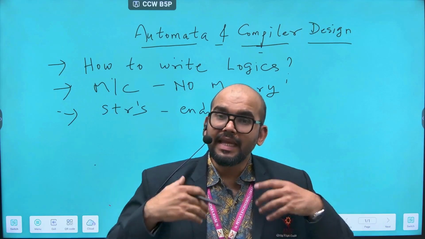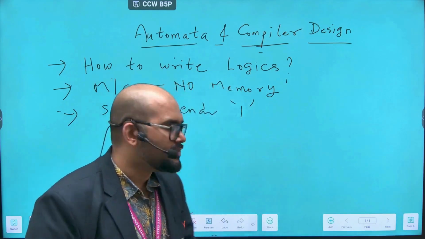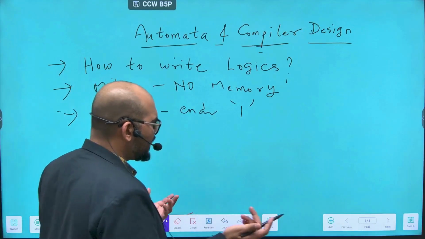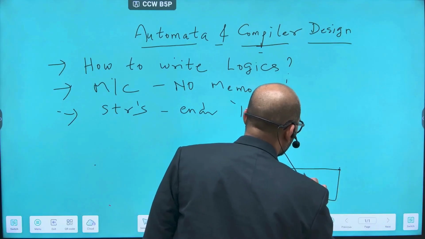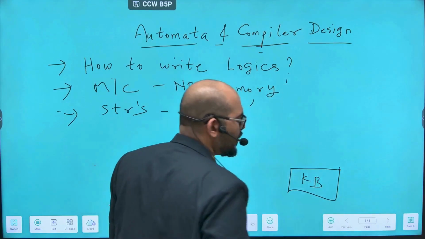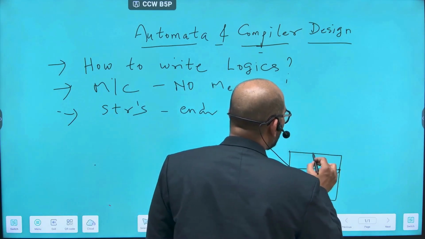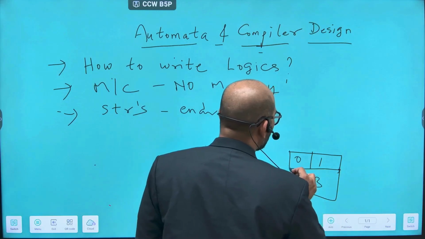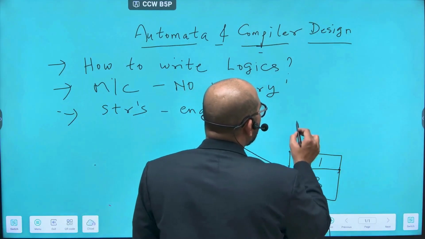Now we need to think like a machine. If we don't have a memory, for example, let me take a simple binary keyboard. It has only 2 buttons, 0 and 1.